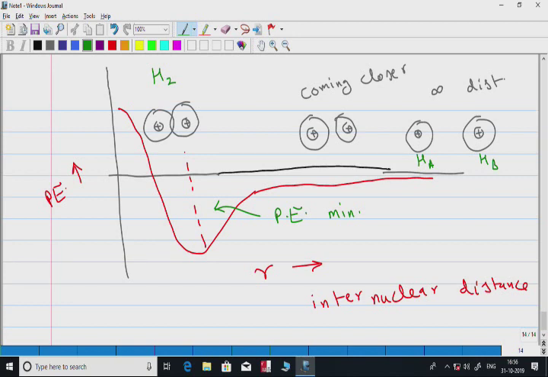When attractive and repulsive forces are exactly equal, we say that is the bonded state, meaning a chemical bond is formed. This is how H2, or any molecule, exists according to this theory. A chemical bond is nothing but a state where attractive force is just equal to the repulsive force.